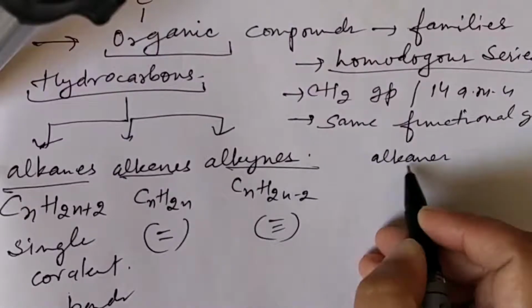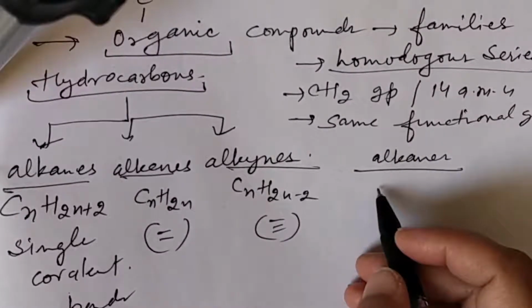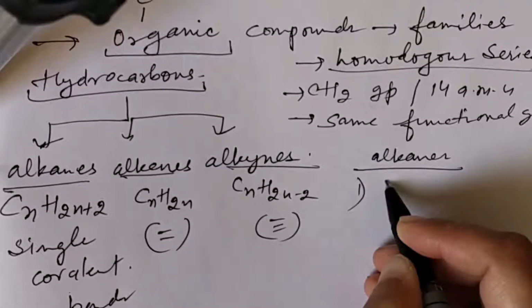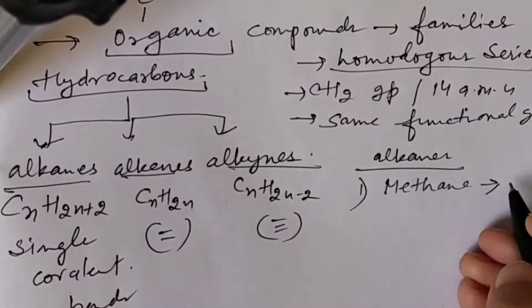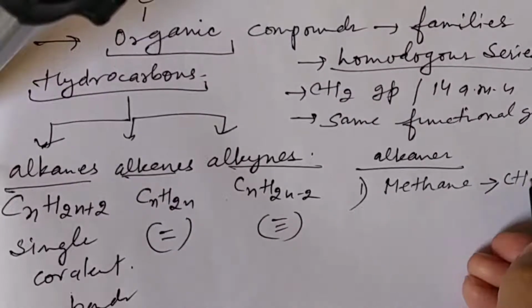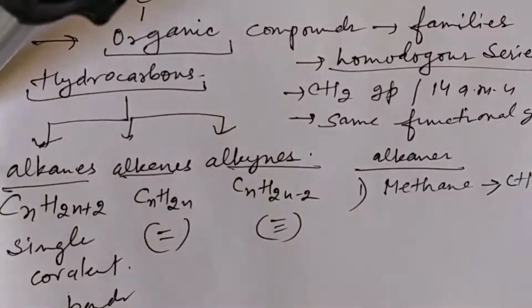In the alkane family, we are taking the first example of methane. What is the formula of the methane molecule? It is CH4.